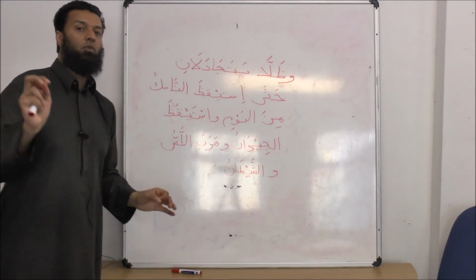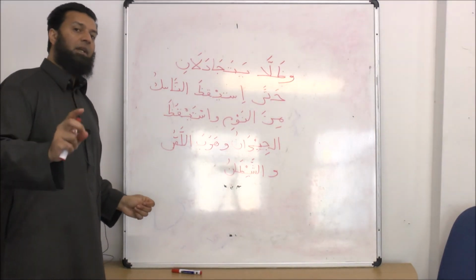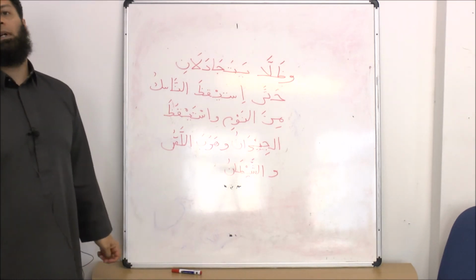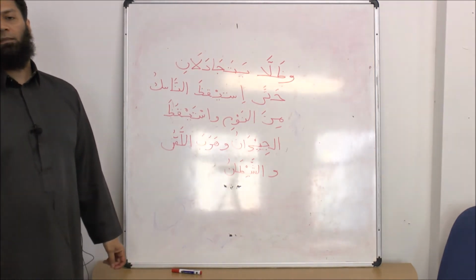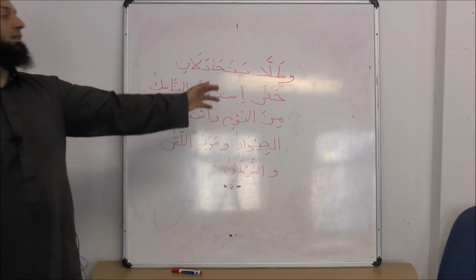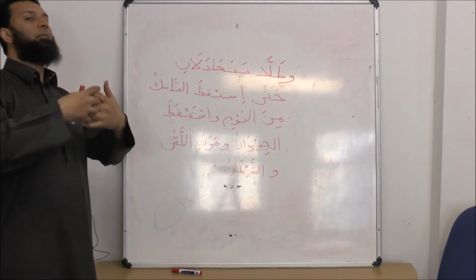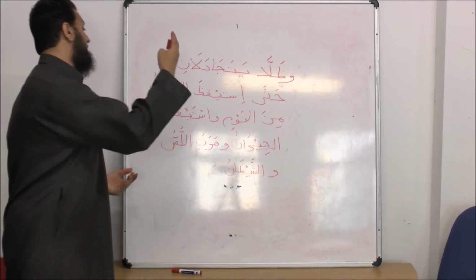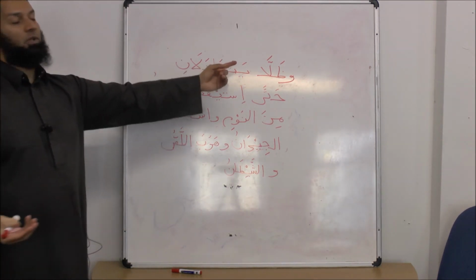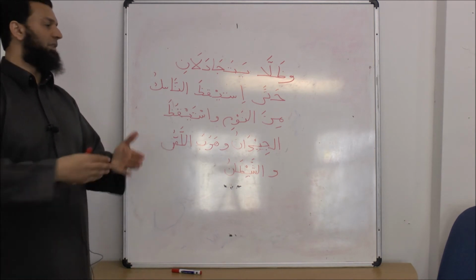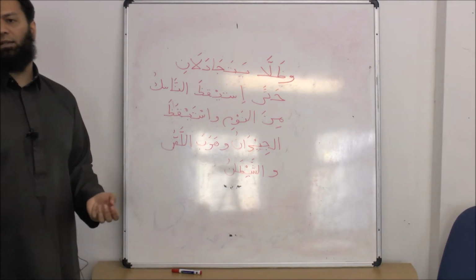Now every verb has to match it in its number. If it was at the beginning of a sentence, then that would be singular. But once it's in the middle of a sentence or after you've mentioned the doer, then it must be dual, or it must match the number of the doers.